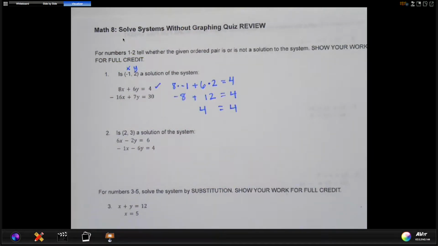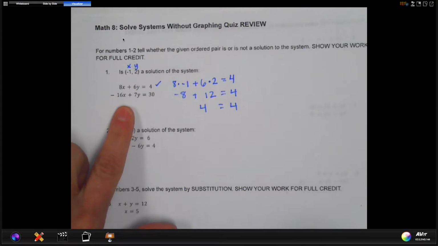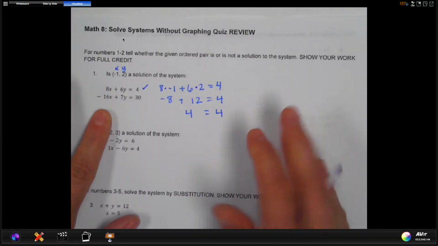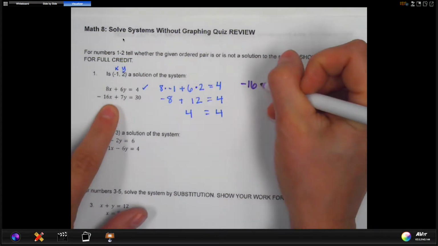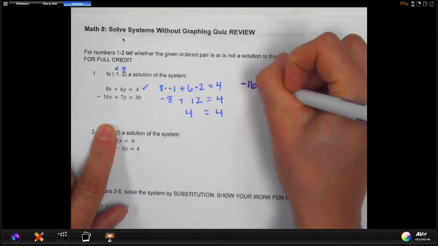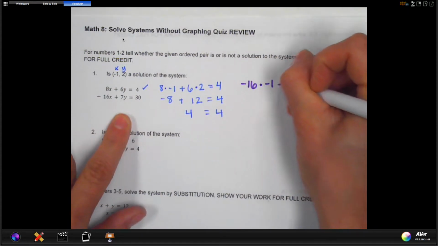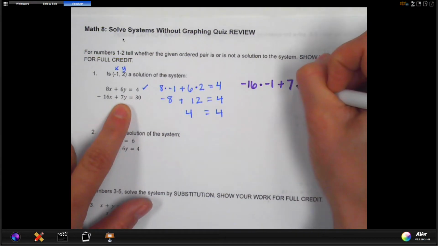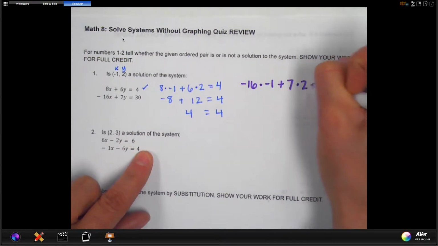Now, we have to make sure that it works in the second one in order for it to be a yes. So we're going to do the second one as well. We'll start with our -16, x would be -1, so we're going to say times -1, plus 7 times our y value of 2 equal 30.